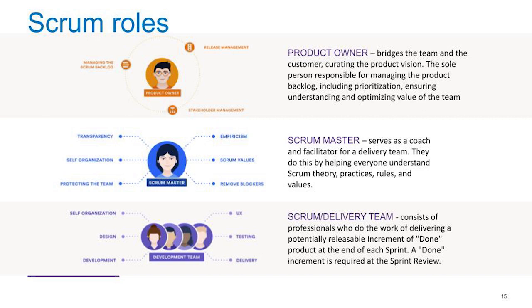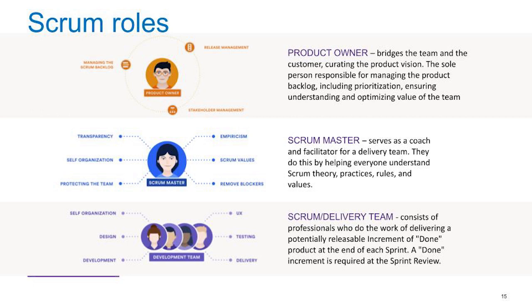So these other pieces are gone into more in other sections or lectures, but it's really important to understand that having clear roles is great for any organization, regardless if it's Scrum or not. So a product owner bridges the team and the customer and curates the vision.